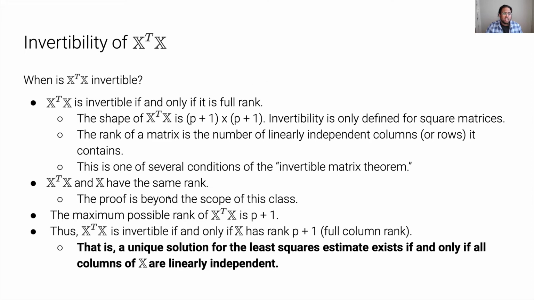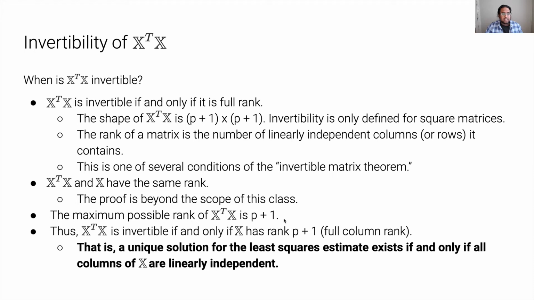Now, once again, the proof of this is beyond the scope of this class, but if you're interested, you could prove that both X transpose X and X have the same null space, and you could look at the rank-nullity theorem to arrive at the result that we are using here. But again, don't worry too much if you don't follow that. All that we need is that X transpose X and X have the same rank.